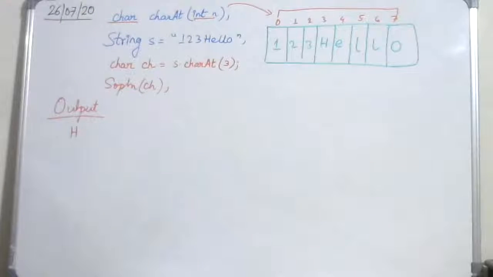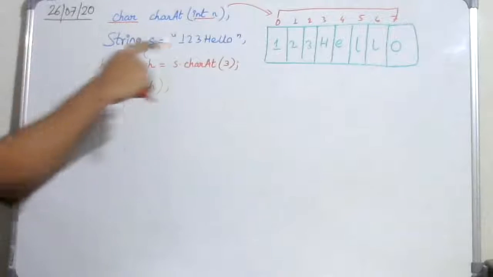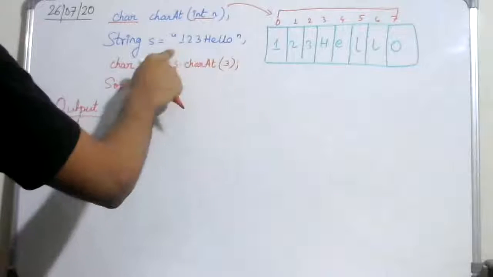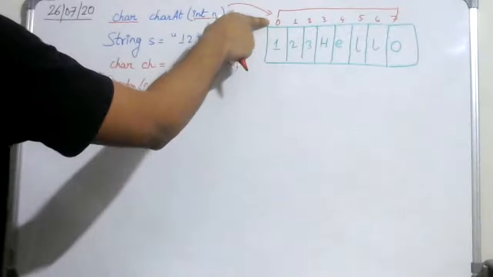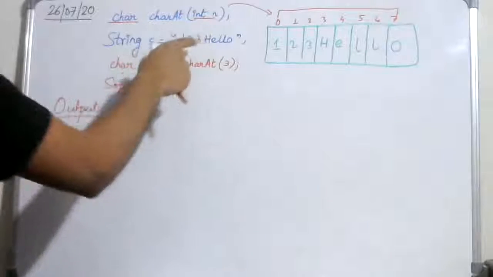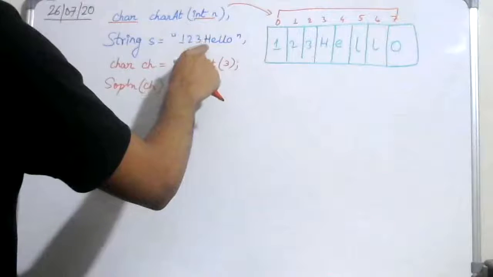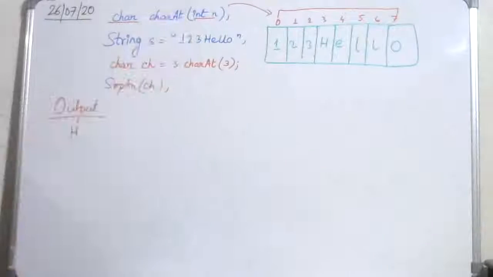If you write 3 as the output, that will be wrong, because when I'm representing the string as an array, the counting starts from 0 for the array indexing. That is why the third position generally refers to the fourth character of the string.